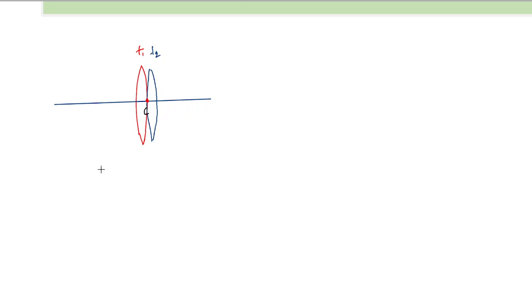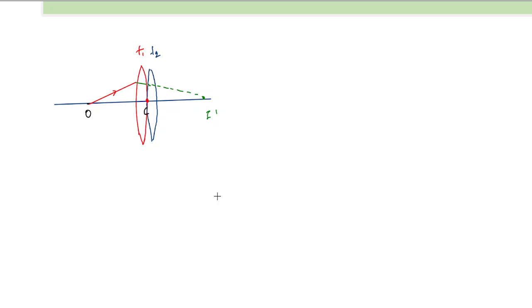Now suppose somewhere here an object is placed, say at point O. A ray of light from this object will fall on the lens like this. We saw in the previous classes that this light ray would refract, and it was tending to move towards a point like this, but because of the presence of lens 2 with focal length f2, the light ray doesn't go to the point I dash.